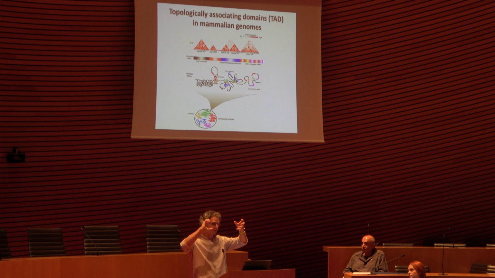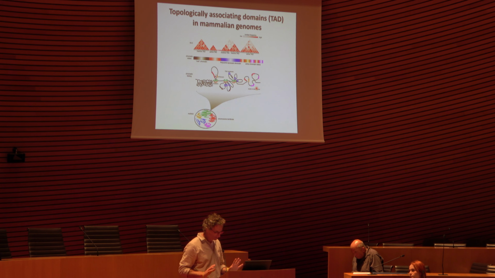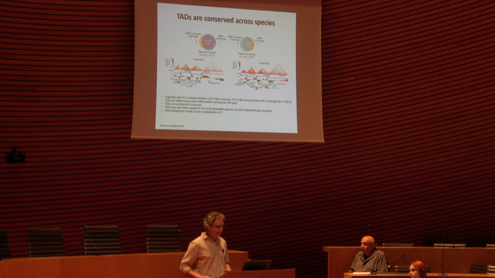Another region could be more open, still interacting with each other, and over there genes can be active or repressed. Or there are regions where nothing happens, there are not too many genes over there, and it's not active.